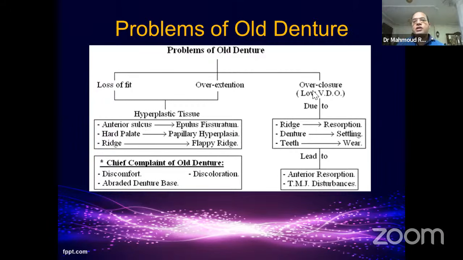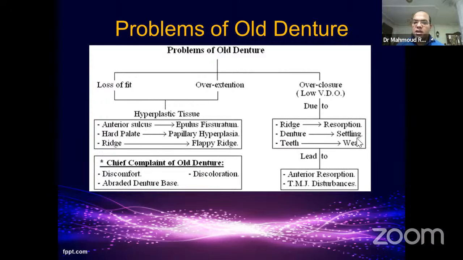The low vertical dimension may also occur by resorption. The resorption will lead to denture settling and increase the freeway space between upper and lower teeth.